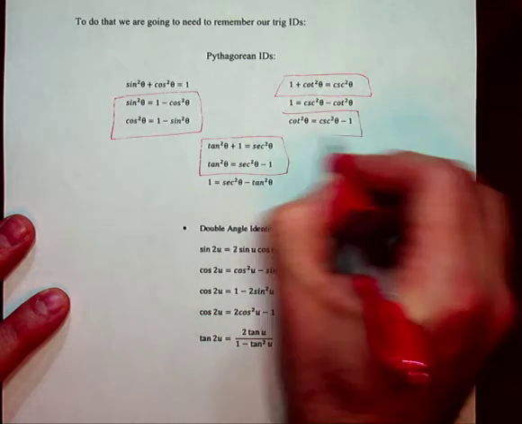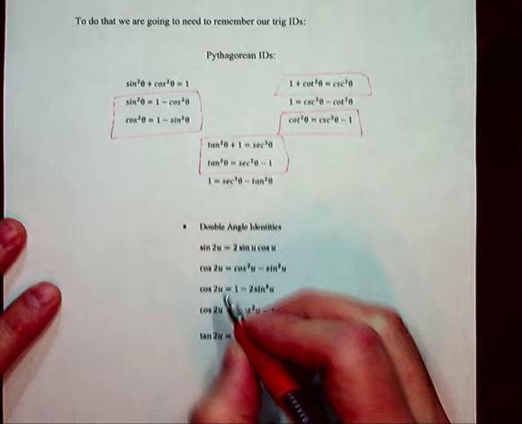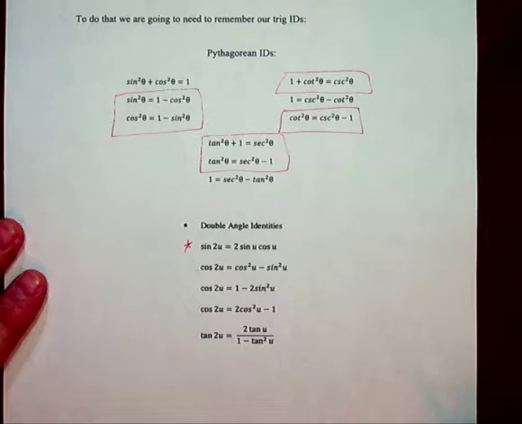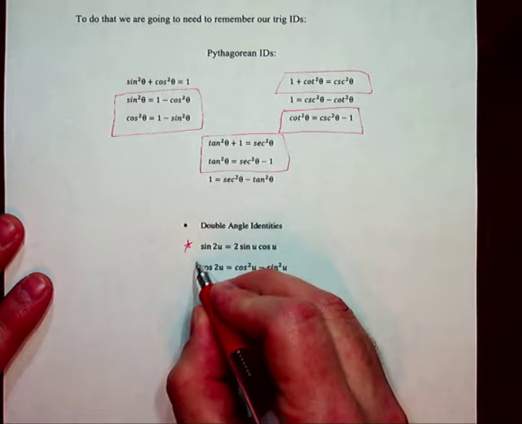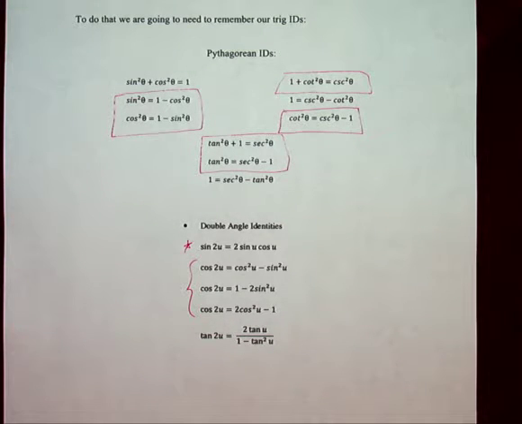It's going to be the one where you're basically trading one trig function for the other. Down here on the double angle identities, this one is always real easy to use and real fun, but these of course are going to become really helpful as well. The tangent one doesn't come in all that often, but it could.